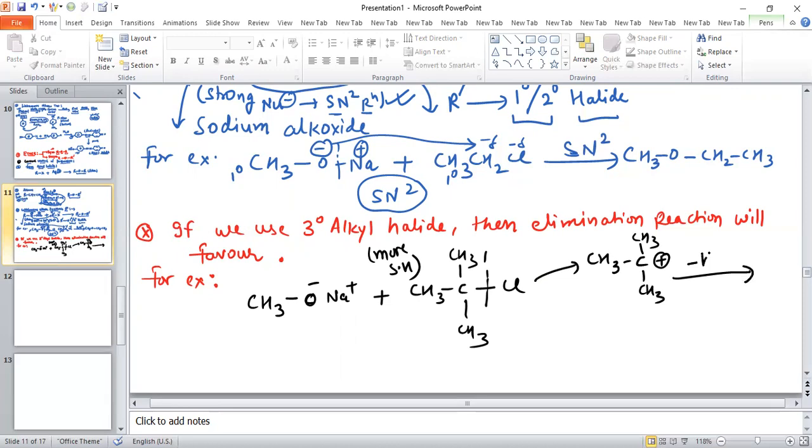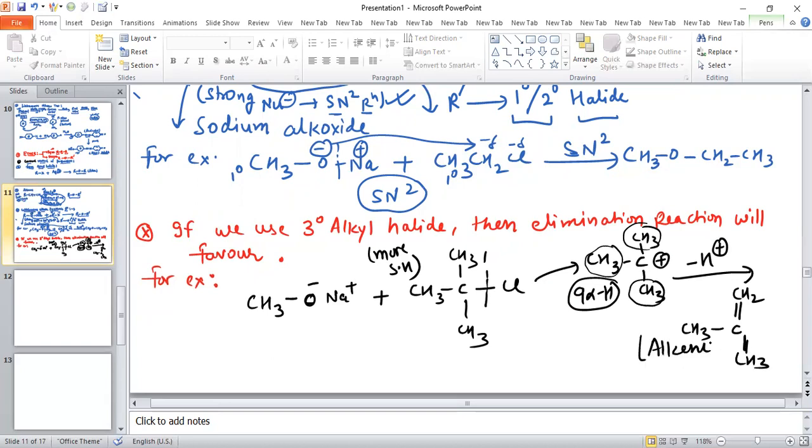After hyperconjugation, one of the H plus will be removed either from this carbon or from this carbon, because 9 alpha hydrogen atoms are there. So the product obtained will be CH2 double bond C, CH3 and CH3. So in this case, an alkene is obtained as a product.